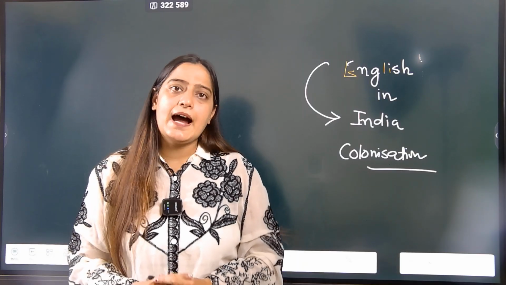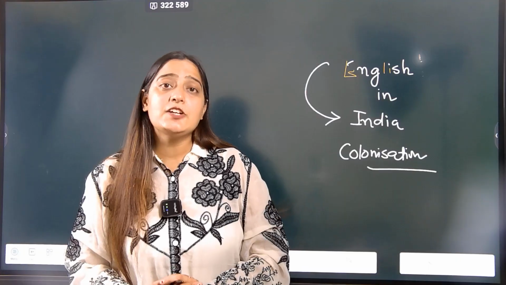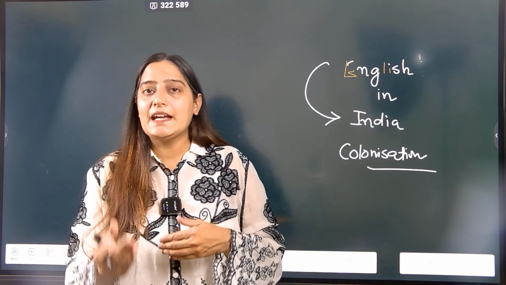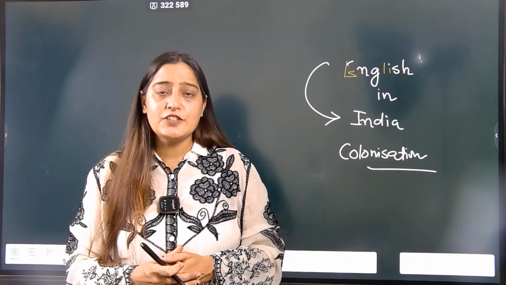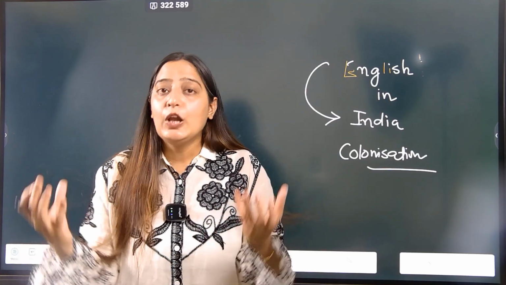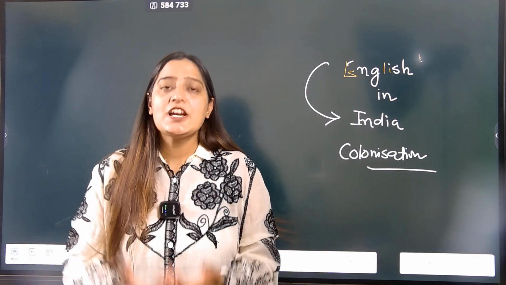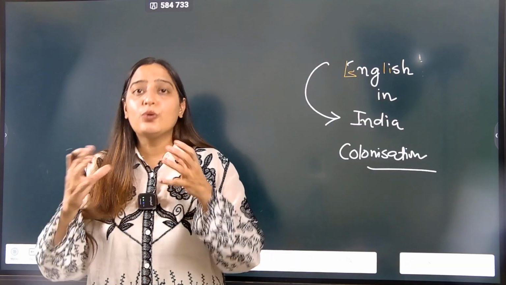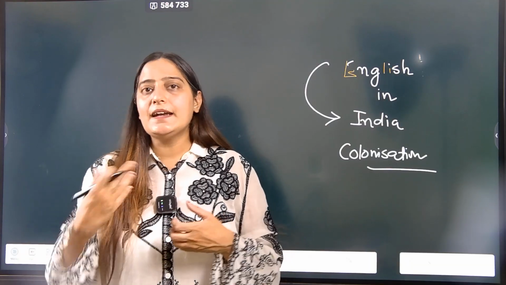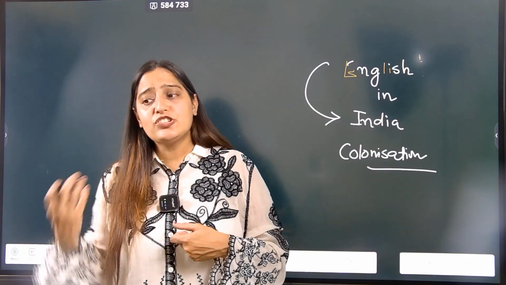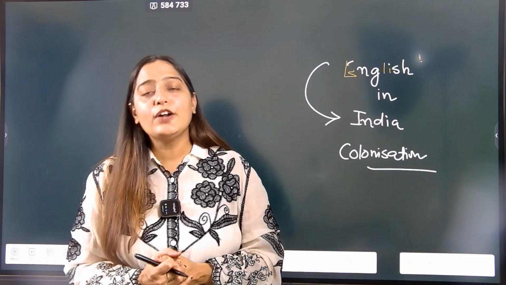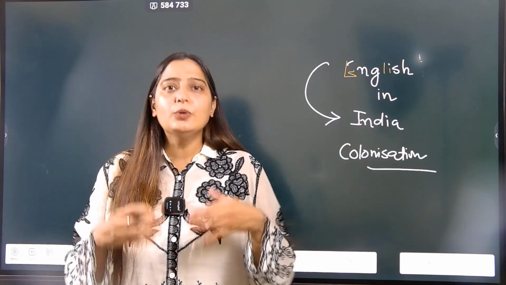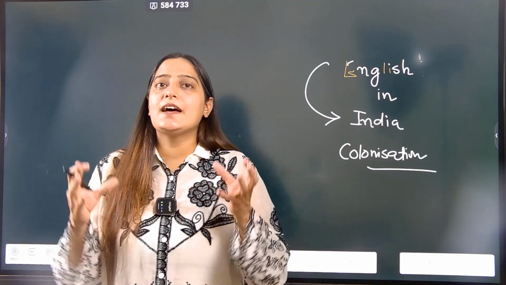Once they had entered, it became very important for their own growth and understanding to have mediators and administrators who could assemble local people in the local language but have the English mind, English intellect. In order to rule, they started educating the higher classes, the children of the elite classes, to get intermediaries and to expand their rule.